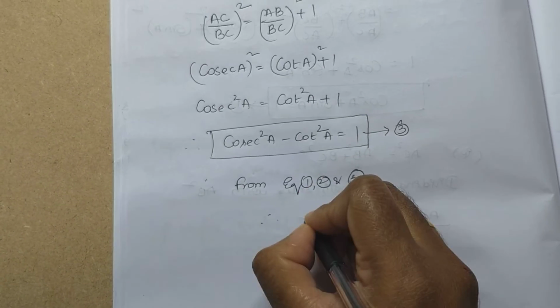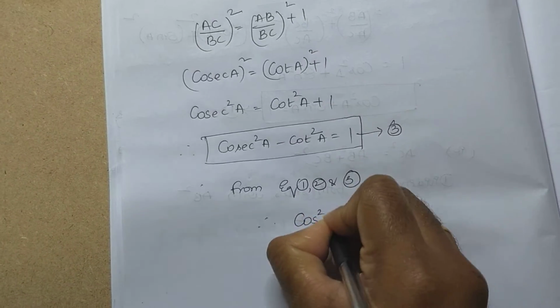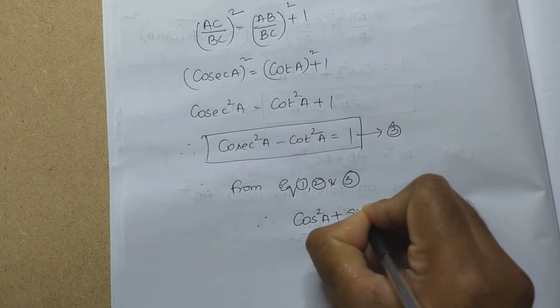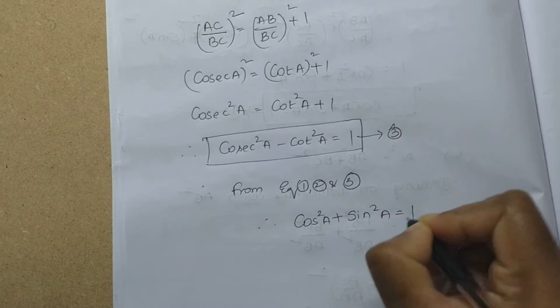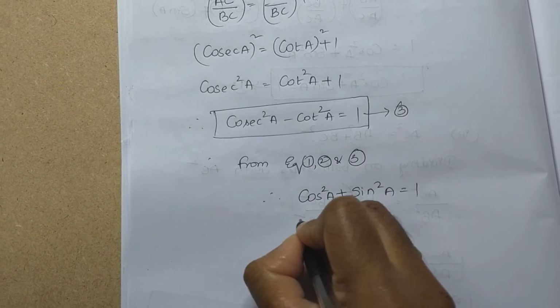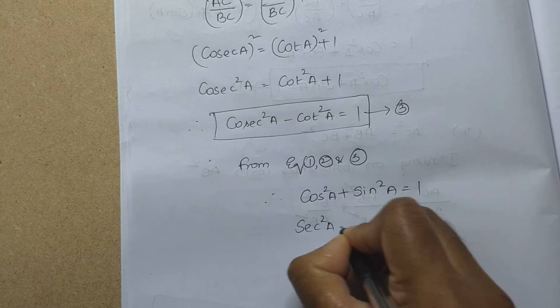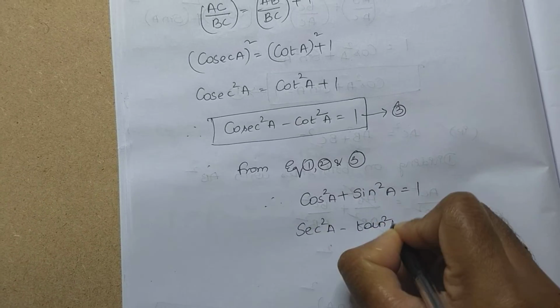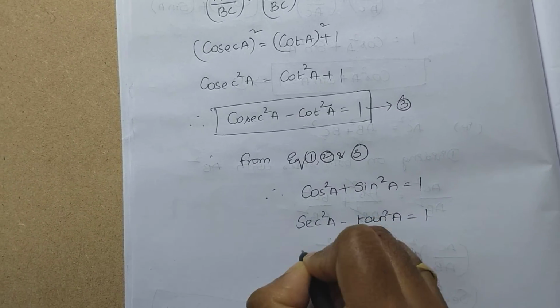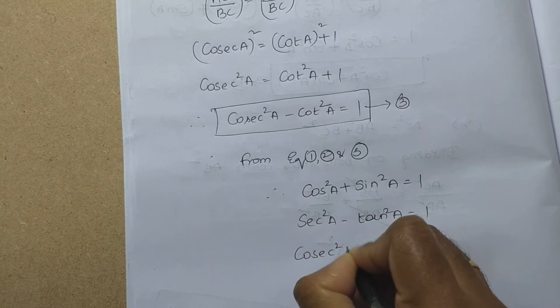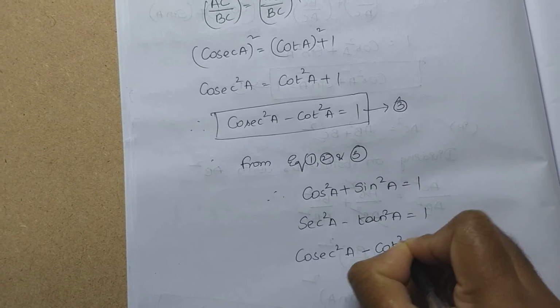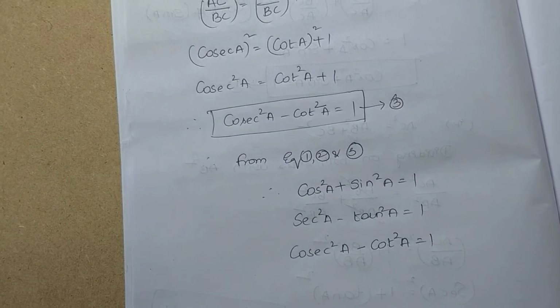Therefore, we got cos square A plus sin square A equals 1. Secant square A minus tan square A equals 1. And cosecant square A minus cot square A equals 1. Correct?